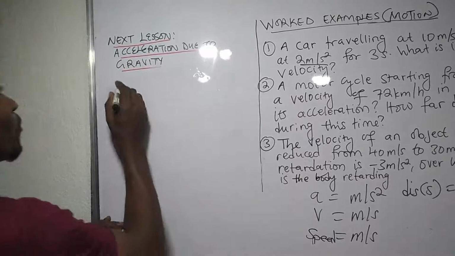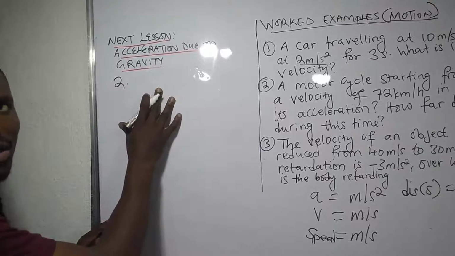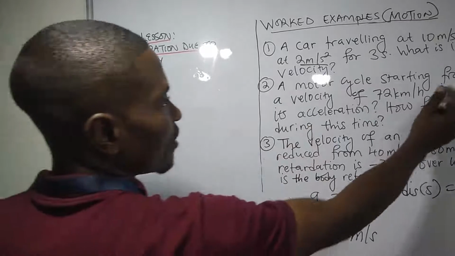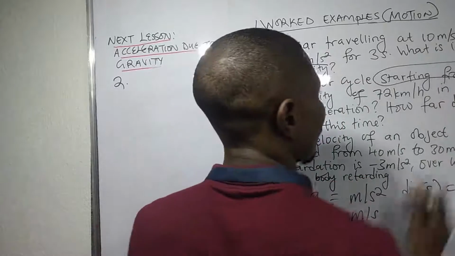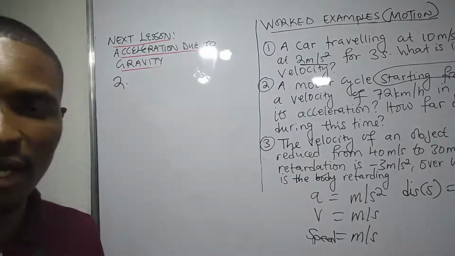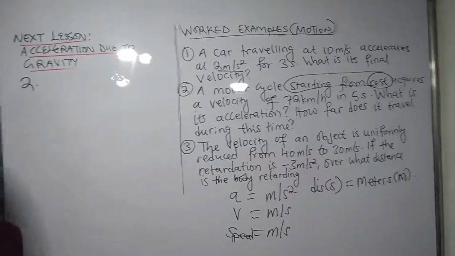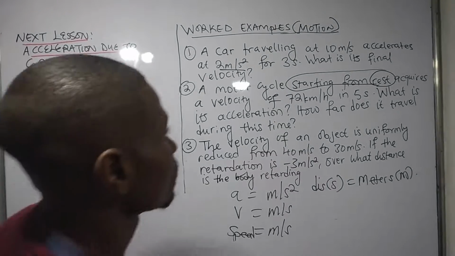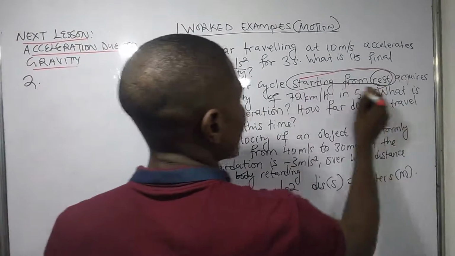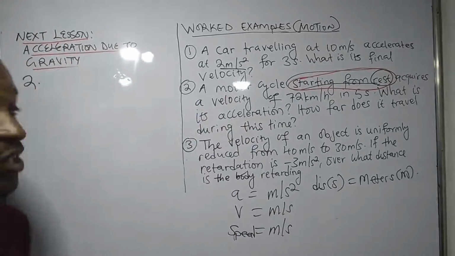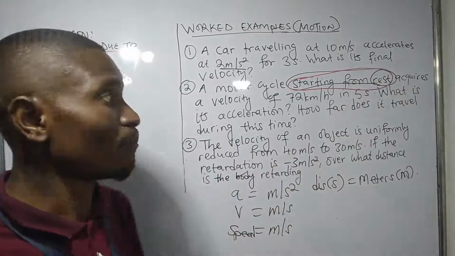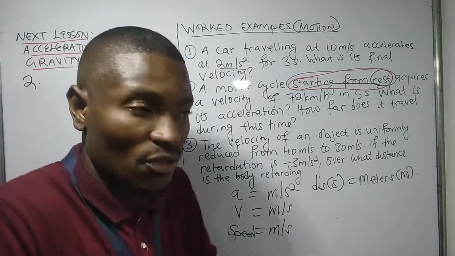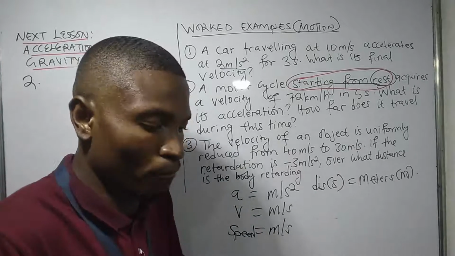Now question 2. In question 2, we are saying that a motorcycle is starting from rest. I want you to understand that this is the key information: it is starting from rest, meaning the initial velocity is zero.